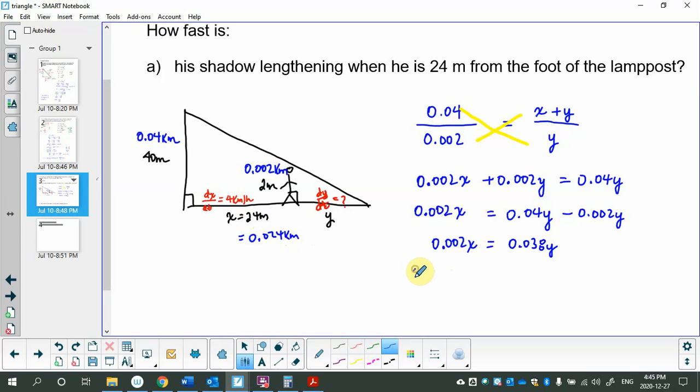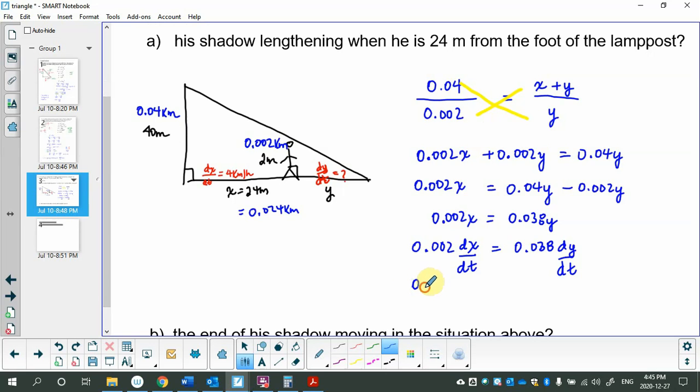Derivative of this side, simply this, but don't lose your dx by dt. Derivative of the other side, 0.038. No y anymore. Don't forget your dy by dt. Go looking for your values. So dx by dt is 4.